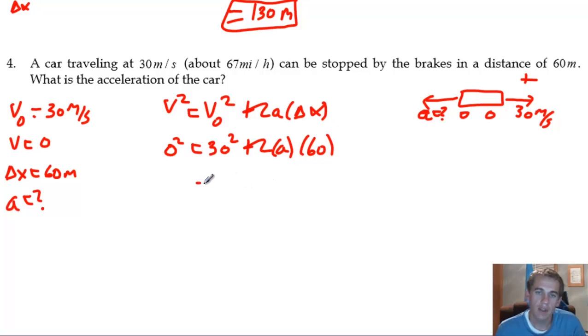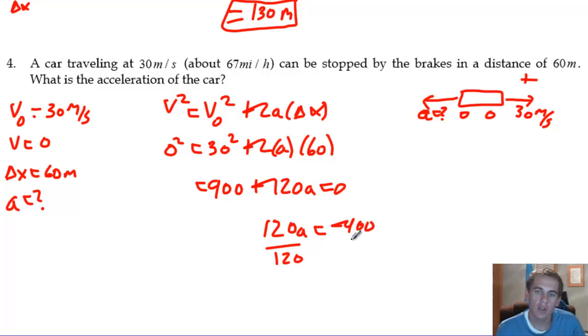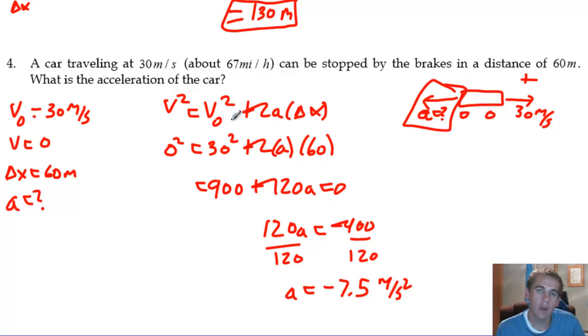So now I have 900 plus 120a equals 0. Subtract over my 900 and I get 120a equals negative 900. Divide both sides by 120 and a equals negative 7.5 meters per second squared. Does it make sense that the acceleration is negative? Absolutely. We're good to go.